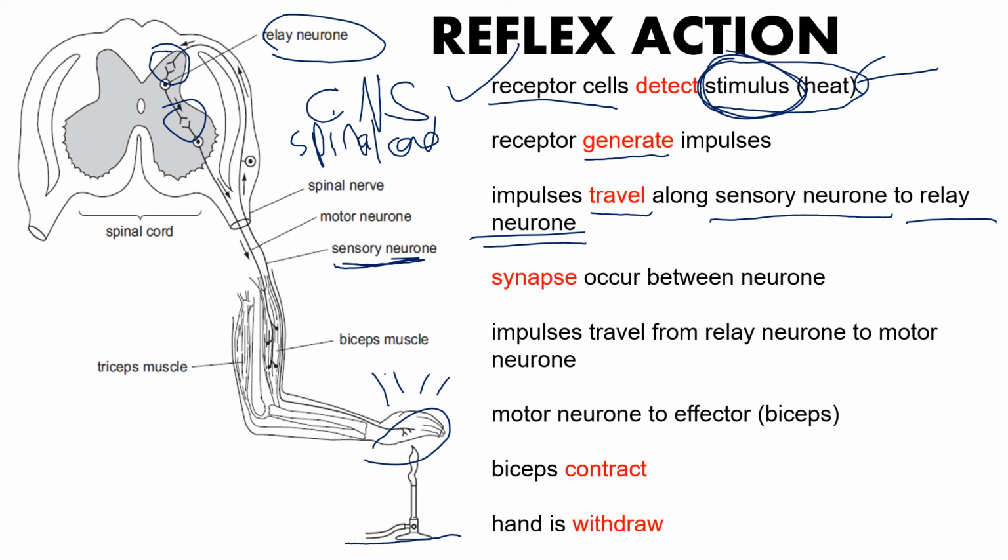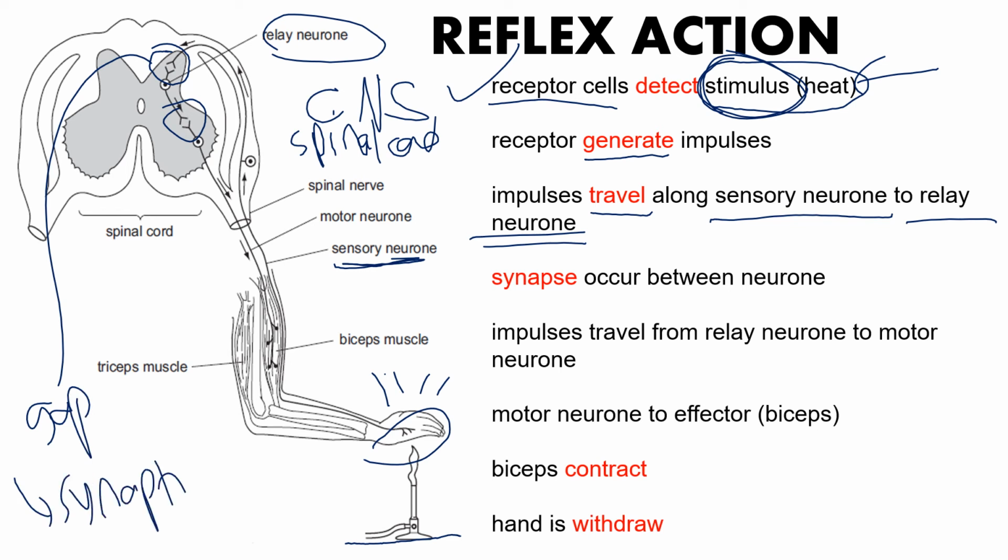This gap is known as the synaptic gap or synaptic cleft. Meaning they are not touching each other. The nerve ending of the sensory neuron is not touching the dendrite of the relay neuron because of this synaptic gap. So the impulse needs to pass through from the sensory to the relay neuron.